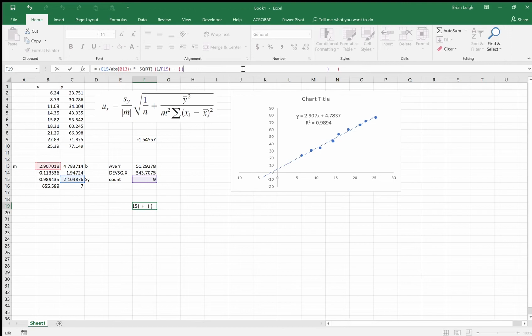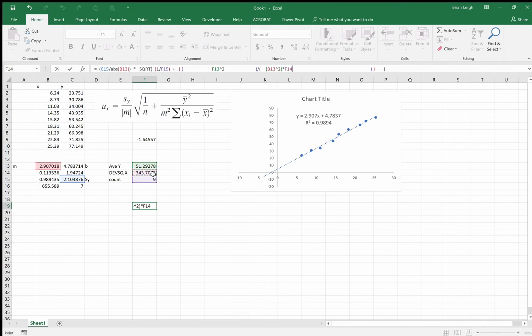So everything in here will be on top, divided by everything between these two on the bottom. Okay, so what's on top? Well, what's on top is very small. It's just this y squared. Okay, pretty easy. What do we have on the bottom? Well, we have an m squared, and that's multiplied by my dev squared.